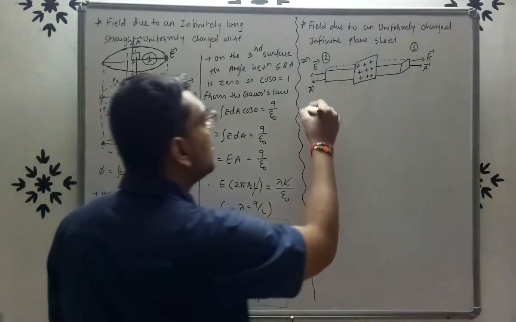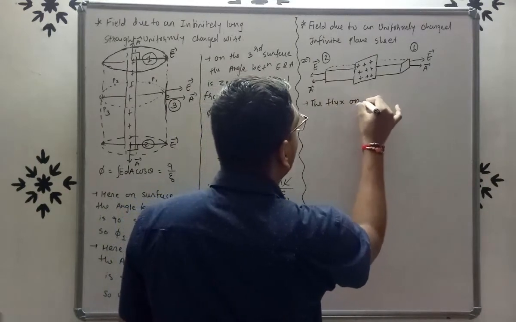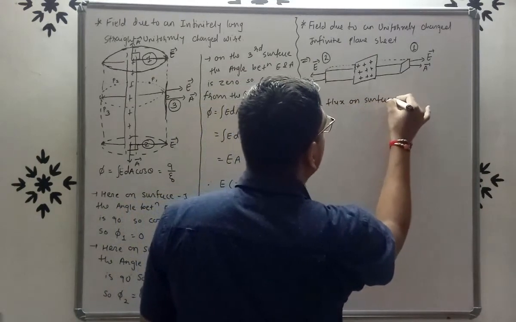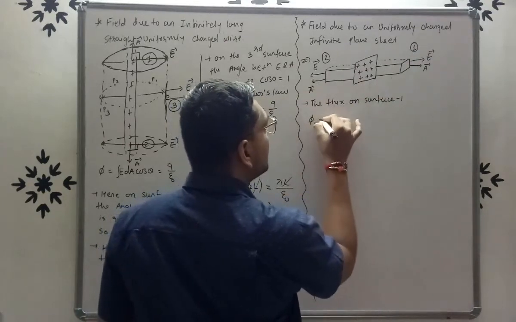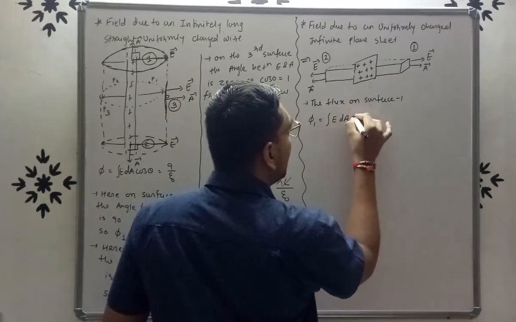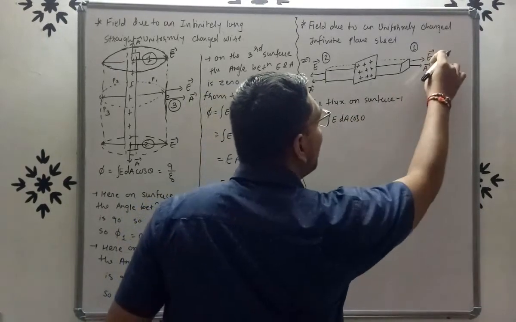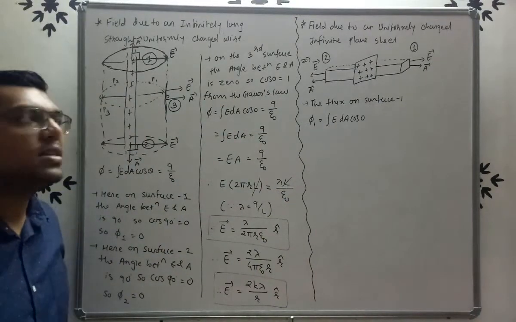So first of all, the flux on surface 1. The flux phi 1 is equal to integration E dA cos theta, but the value of theta is 0 because the direction of E and A are the same.